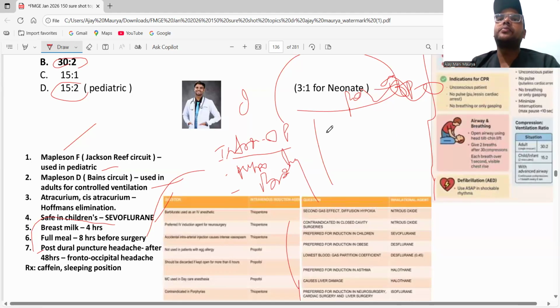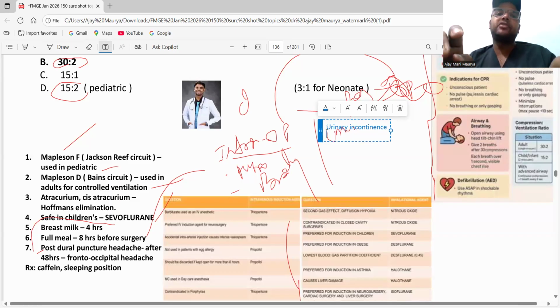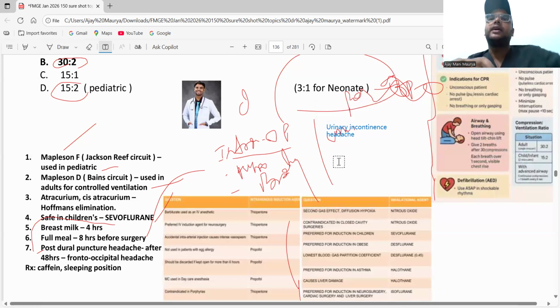It is urinary incontinence. The second most common is headache. Done.